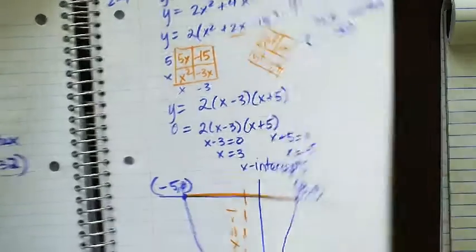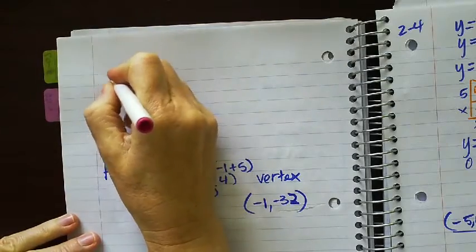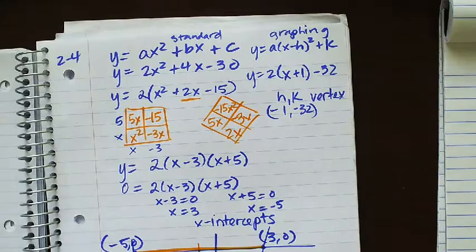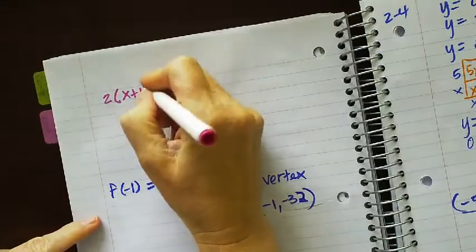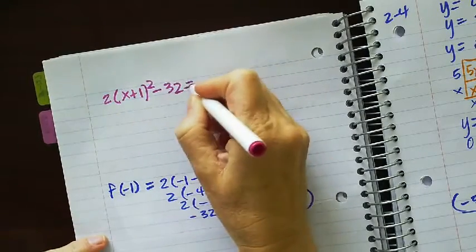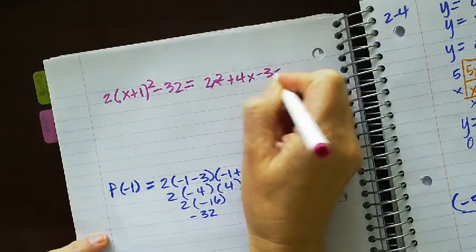And then we did check it. We did say, well, how do we know that that's correct? Okay, let's do a little algebra and make sure it's correct. So is 2 times x plus 1, ooh, I forgot to write squared over here. There we go. So it's 2 times x plus 1 squared minus 32. Is that the same as 2x squared plus 4x minus 30?